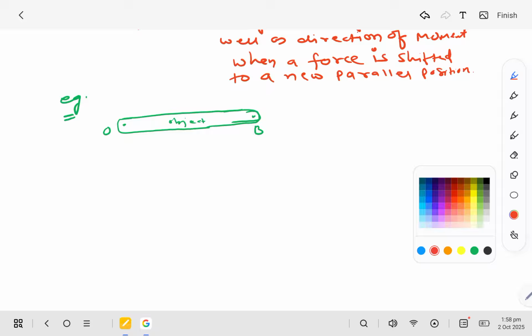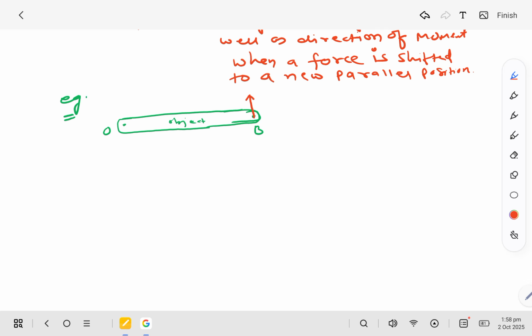And one force is acting here at point B of 500 Newton. The distance between both points, point O and point B, is 3 meter.